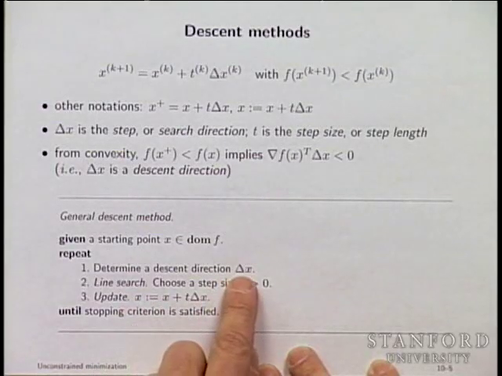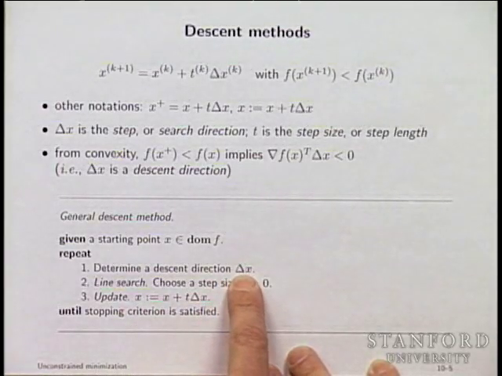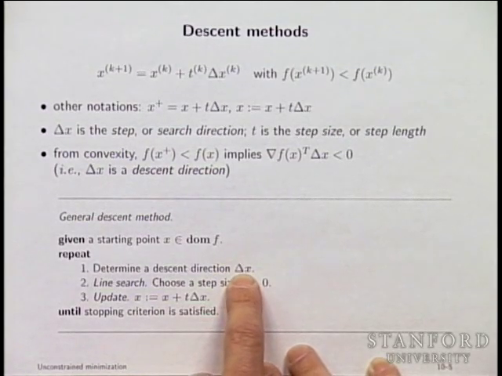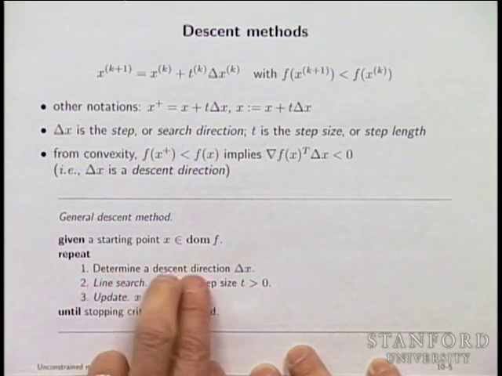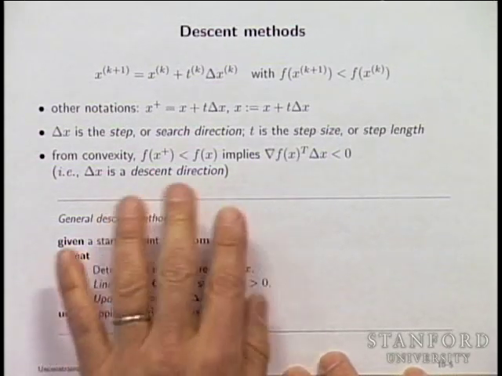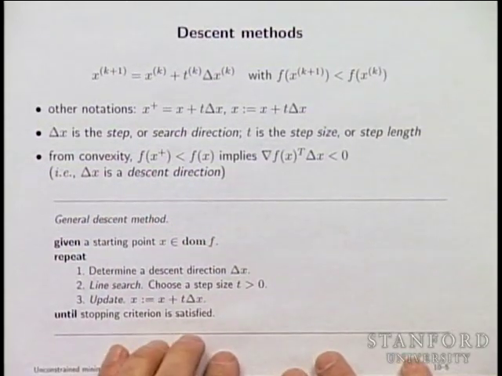Oh, by the way, usually in finding a descent direction, if the gradient of f is 0, then you terminate, right? And you don't generate a direction. So when you determine a descent direction, part of that usually checks a stopping criterion or something like that. Okay, so this is the general method.